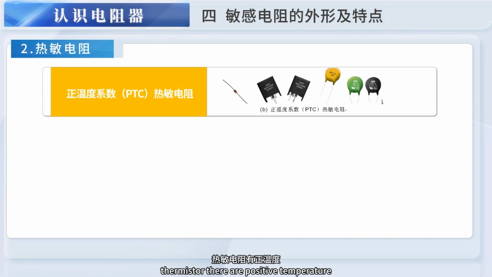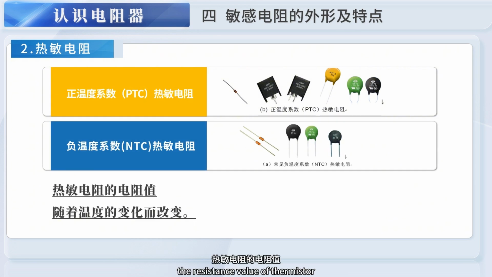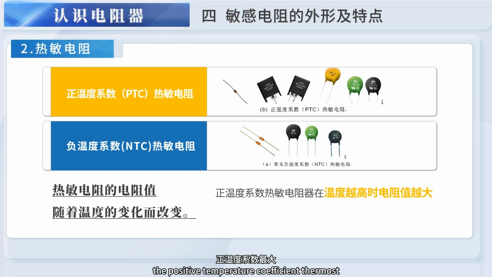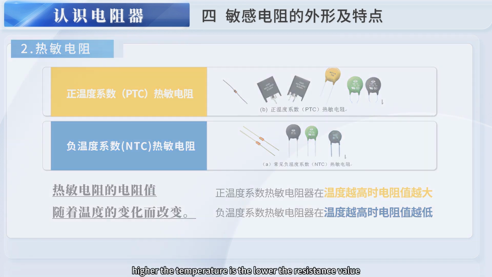There are positive temperature coefficient and negative temperature coefficient thermistors. The resistance value of a thermistor changes with temperature. The positive temperature coefficient thermistor has a higher resistance when the temperature is higher. For the negative temperature coefficient thermistor, the higher the temperature is, the lower the resistance value.